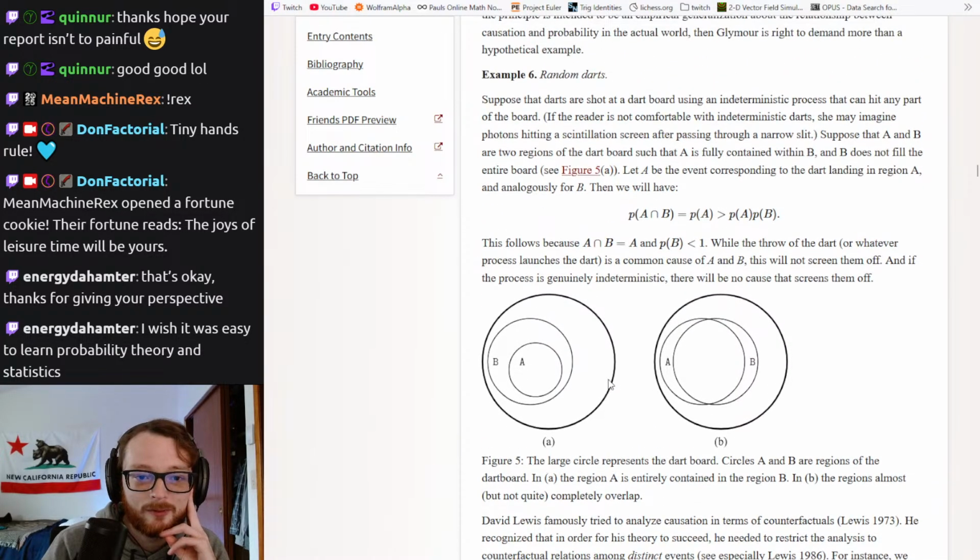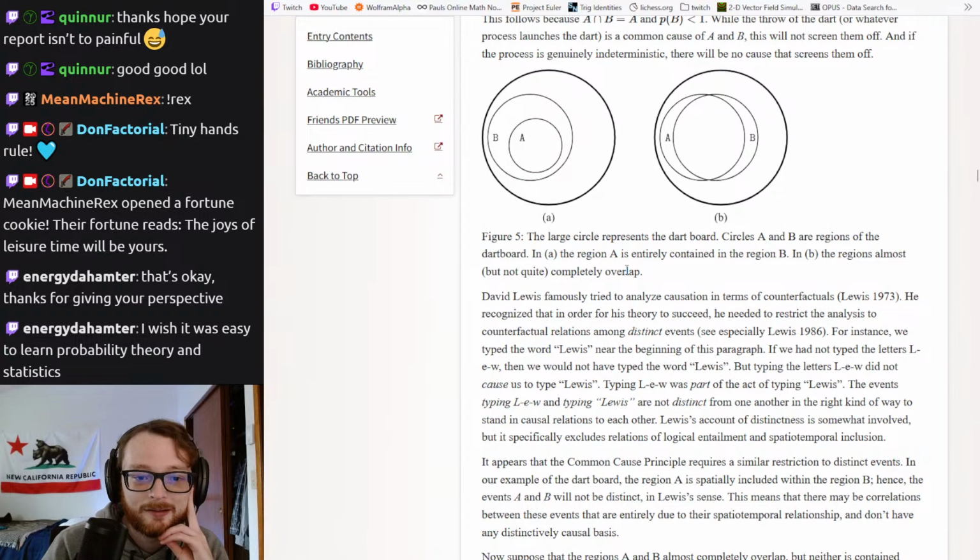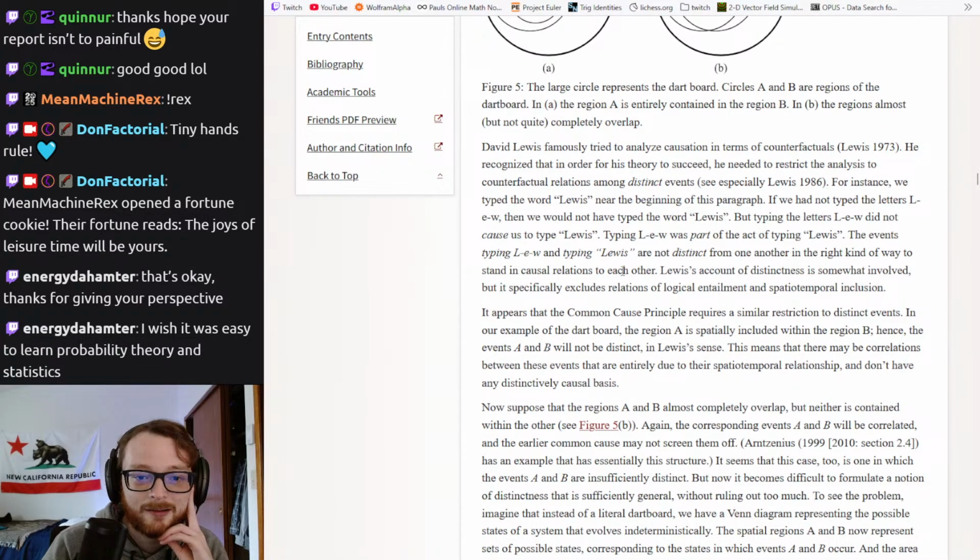The principle itself seems reasonable enough. Maybe you need some type of extra condition for when it applies. But yeah. I don't know.